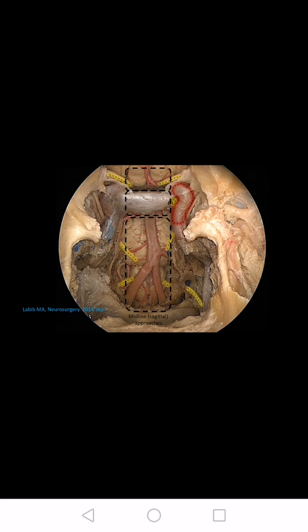But as you go lateral, you're going to deal with arteries, in particular the internal carotid artery, and branches from the vertebrobasilar system, as well as dealing with cranial nerves, in particular optic, third cranial nerve, sixth cranial nerve, 12th nerve, as well as anterior cerebral artery, superior cerebellar artery, ICA, anterior inferior cerebellar artery, as well as the PICA.